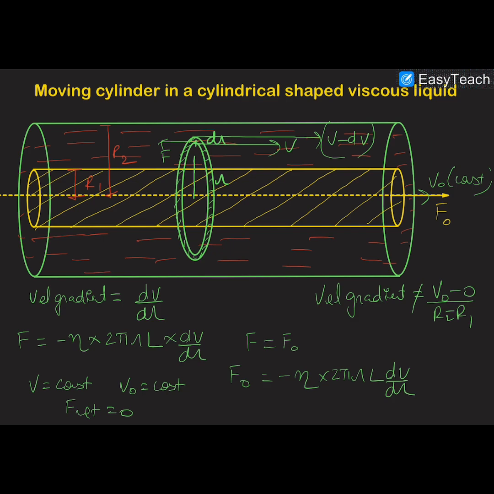Okay, and now again we are writing the same expression, that F naught is minus eta into 2 pi r l into dv by dr. So we can say that dr by r will be equal to minus 2 pi eta L into dv divided by F naught, and integrating both the sides.